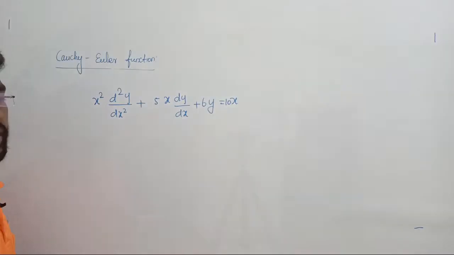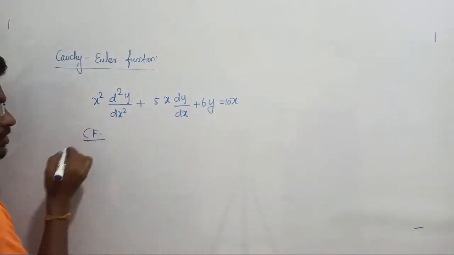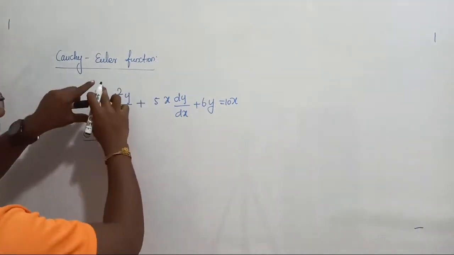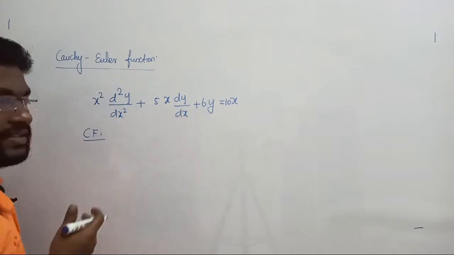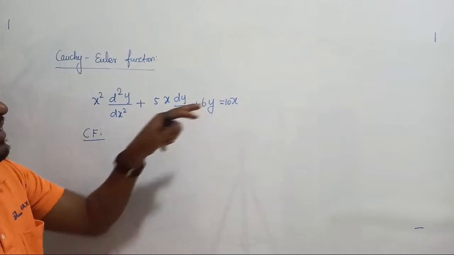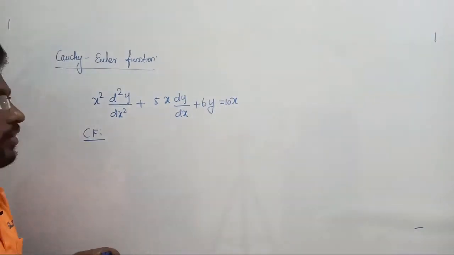Enough. Shall we bring the answer? Yes. Find out the complementary function first for this question. Definitely we can find the complementary function, because on the left hand side we can write the characteristic equation. At the same time, the particular integral will also exist, because we are considering some type of signal. Let's see how to bring the solution for this type of signal.